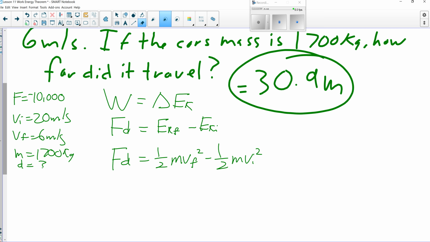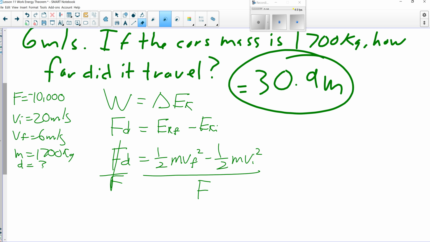I didn't tell you that because you were looking for distance, which is a scalar quantity anyway, so it didn't matter whether it came out positive or negative. It was going to be no sign anyway. But in the truest sense, force is a vector quantity, and your brakes exert a force backwards. So when I go to manipulate this to find distance, I need to move the force over to the other side, like so.